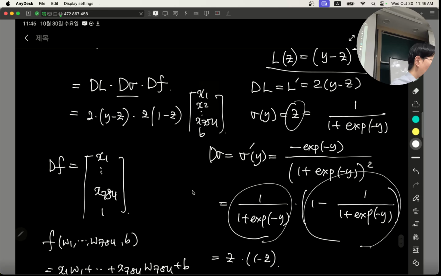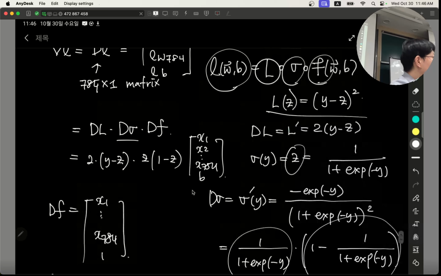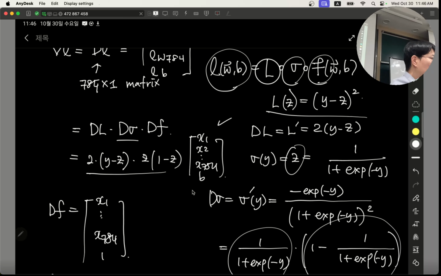So what is this? That's your partial differential. That's your gradient. All you need to do is move your W and B in the direction of this vector. You can see that this is just a 785 dimensional vector, because it's a real number multiplied to a 785 dimensional vector.